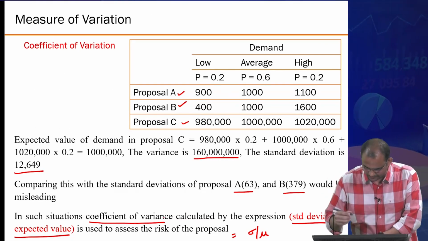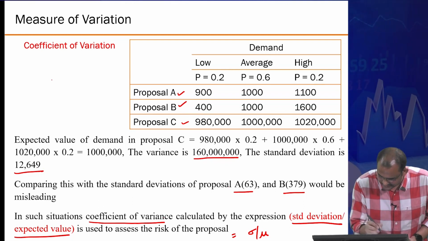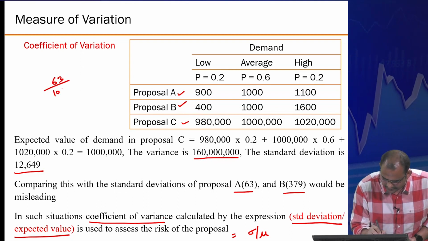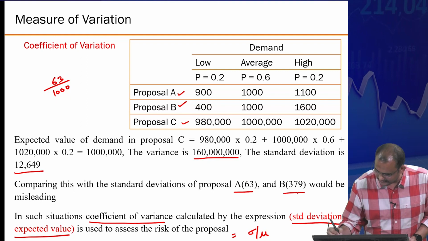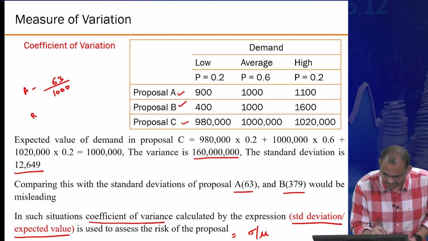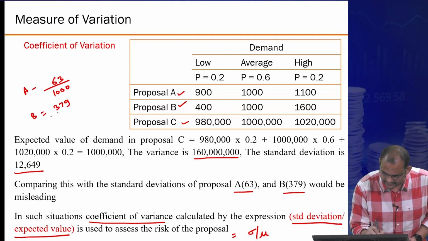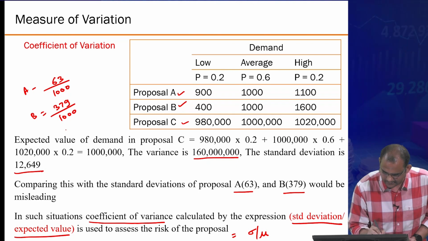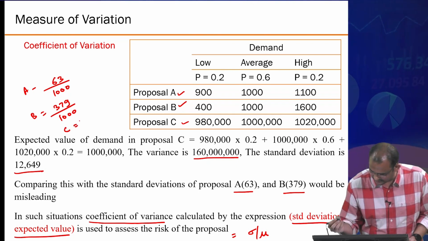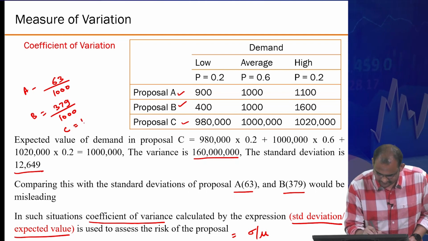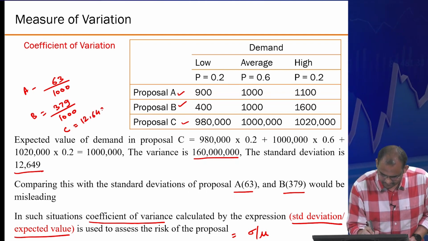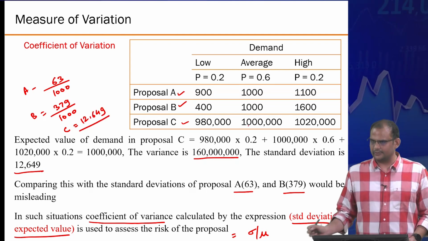So in this case, maybe let's just calculate that. So 63 divided by the mean, what is it? 1000. In this case, this is for A. For B, it is 379 divided by 1000, and for C, it is what? The standard deviation is 12,649 divided by, can you give me the number?